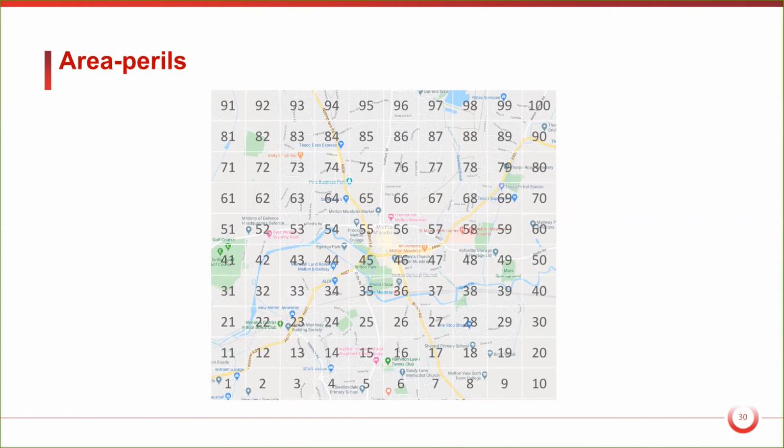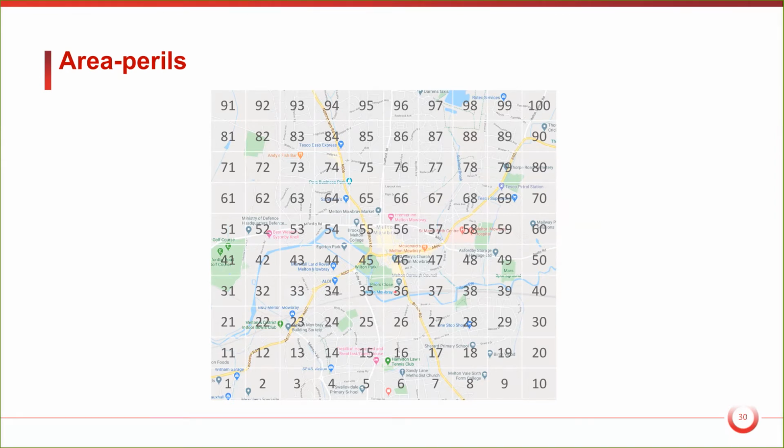So the first thing we do after deciding on our events is we break up the area we want to represent into what we call area perils. So in the case of PyWind, we have 100 area perils, which are just grid cells. They're all identically sized. They don't necessarily have to be. In Oasis terms, an area peril is just an integer representation of an area for a specific peril. So in this case, we're doing wind.